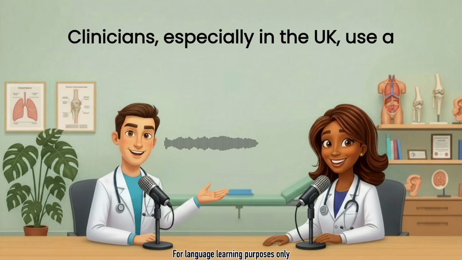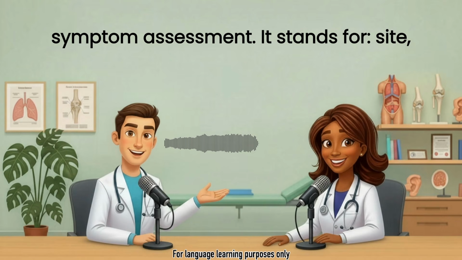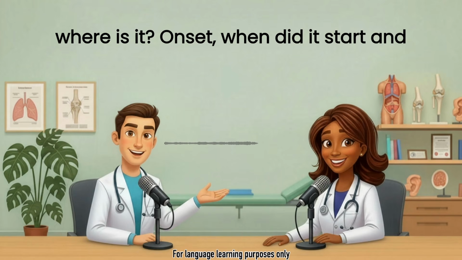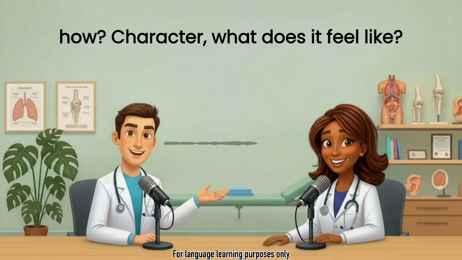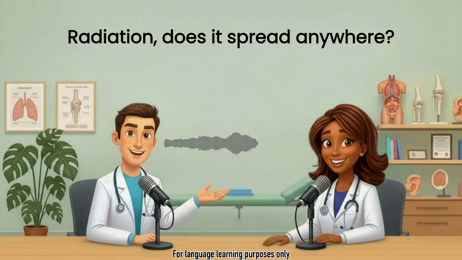Clinicians, especially in the UK, use a framework called SOCRATES to structure symptom assessment. It stands for Site. Where is it? Onset. When did it start and how? Character. What does it feel like? Radiation. Does it spread anywhere?